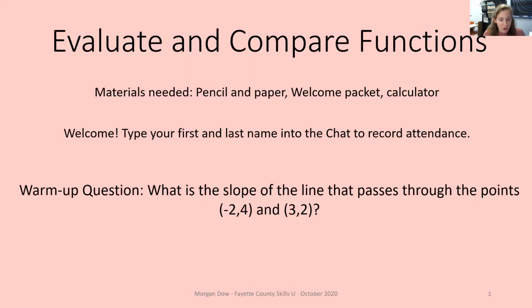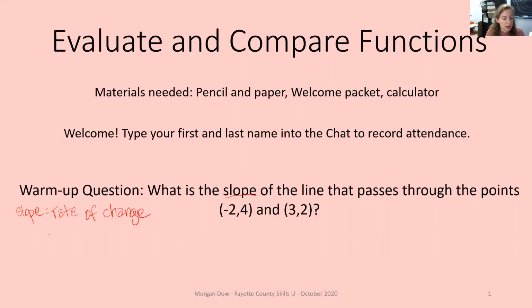All right, so what is the slope of the line that passes through the points (-2, 4) and (3, 2)? First thing, if we're going to figure out the slope, we need to remember what slope is. What does slope mean? Well, slope is the rate of change of a linear function.